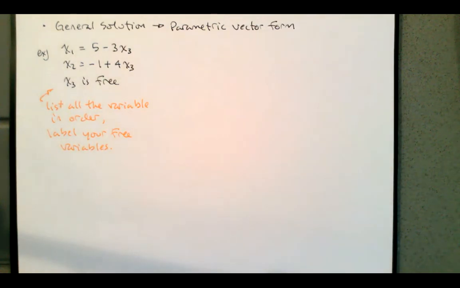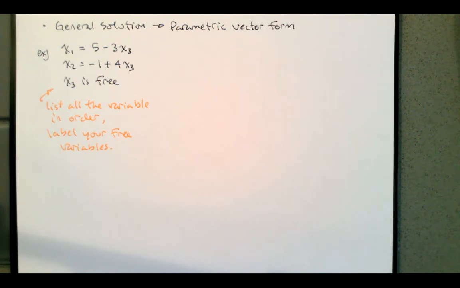When you write x1 is equal to 5 minus 3x3, you are implying that x3 is a free variable. But I need you to explicitly state that x3 is a free variable because we're new at writing general solutions. I want you to know that x3 is a free variable. I want to know that you know that x3 is a free variable.